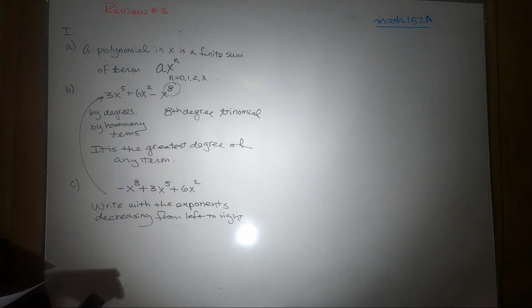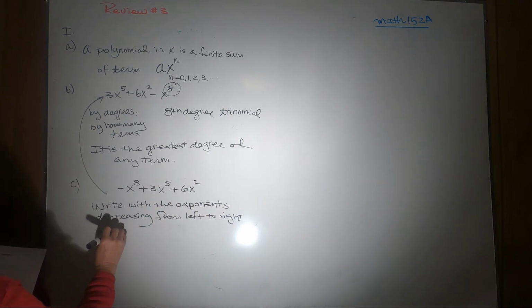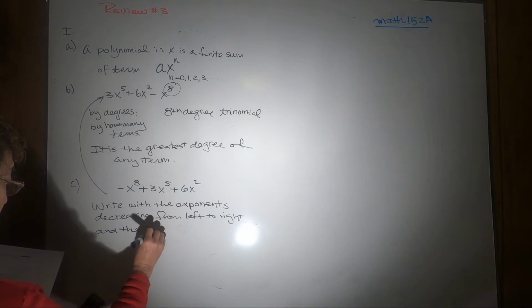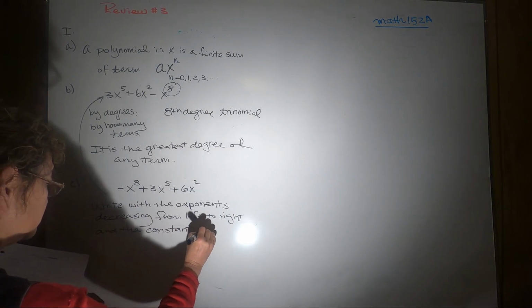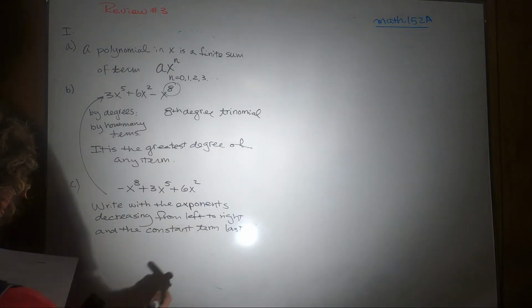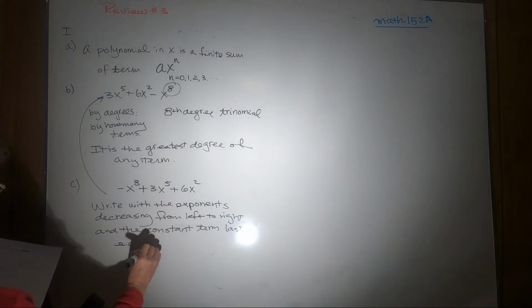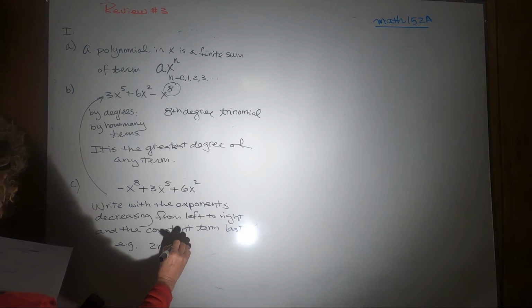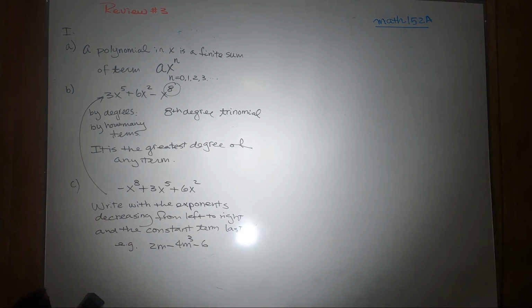And if you have numbers, you will leave it at the end, right? The constant number, we call it the constant term, at the end. Okay? If we have this one, 2m minus 4m cubed minus 6, how will you write your standard form for it?